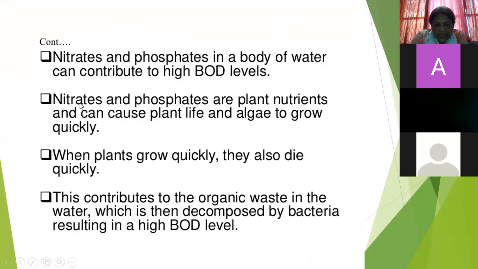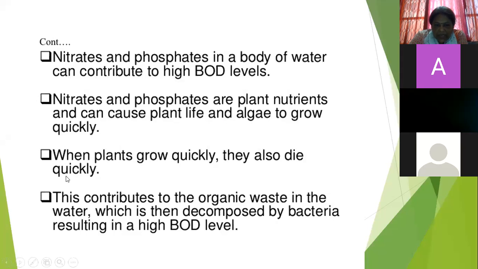So if the number of microorganisms is increasing, there is a decrease in the dissolved oxygen and an increase in the BOD levels. Nitrates and phosphates are plant nutrients and can cause plant life and algae to grow quickly. And unnecessary plant and algae, if they develop in the water body, also decrease the amount of dissolved oxygen.